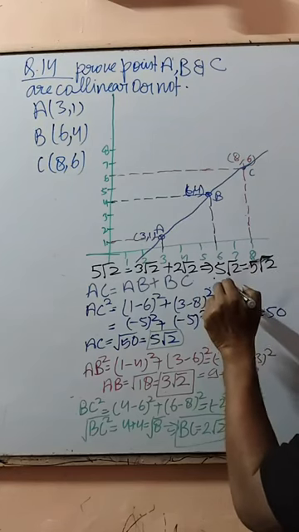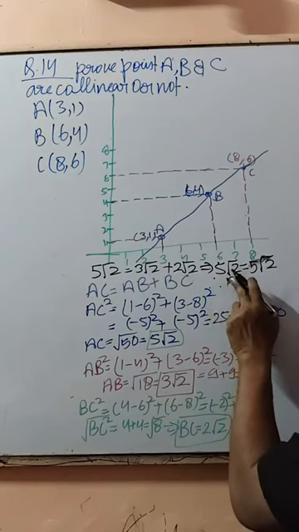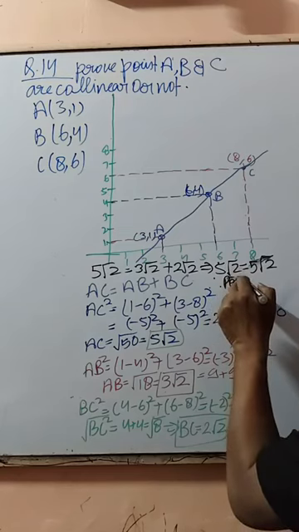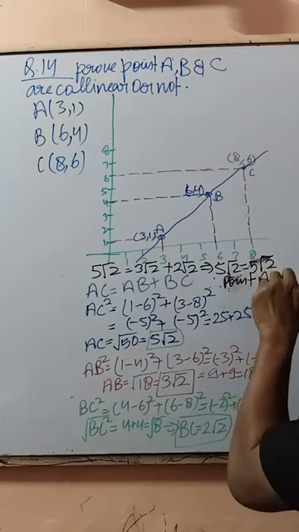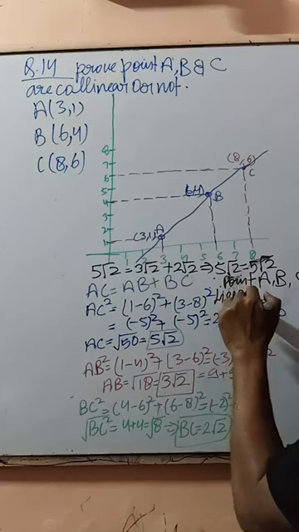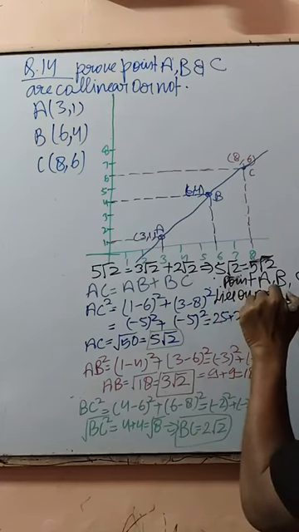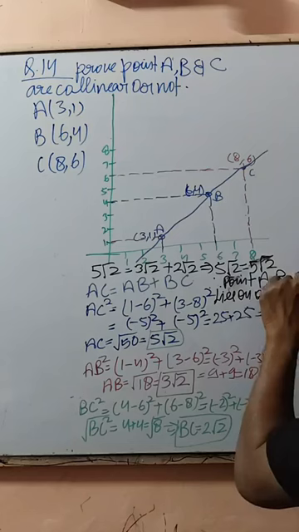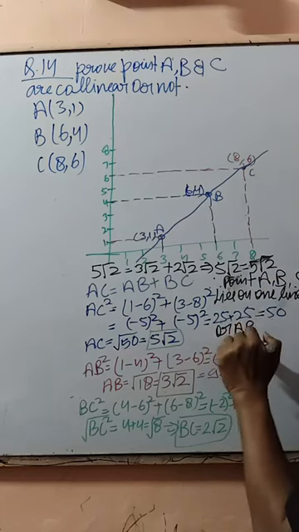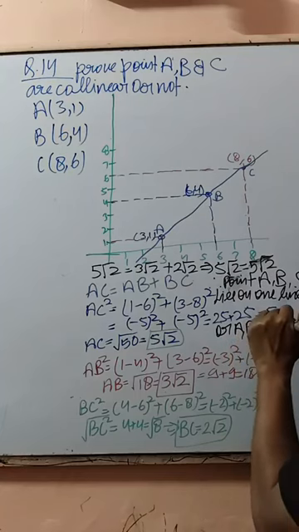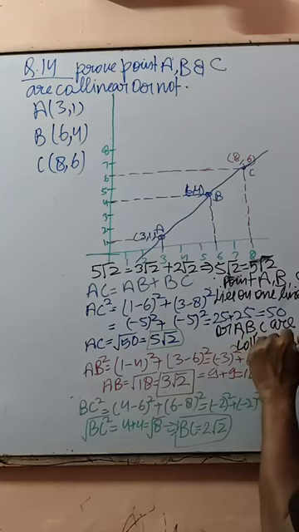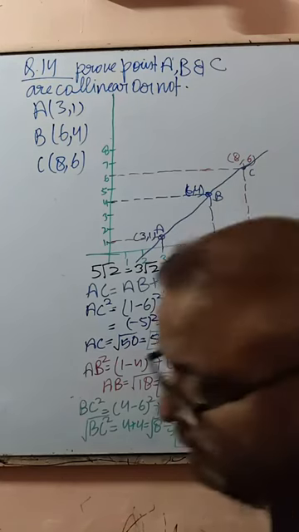Therefore points A, B, C lie on one line, or A, B, C are collinear. This is the one way to solve the question.